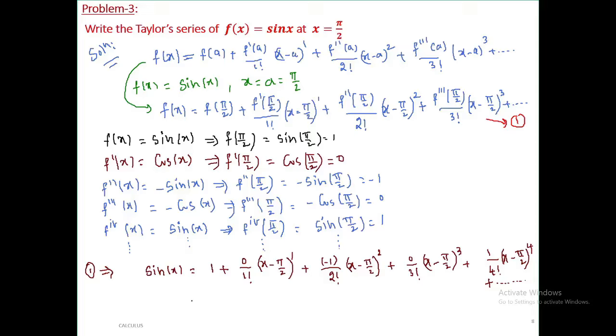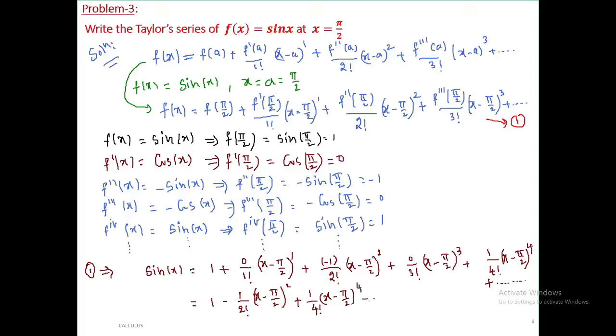So therefore I can write this as 1 minus 1 by 2 factorial into x minus pi by 2 whole power 2, plus 1 by 4 factorial into x minus pi by 2 whole power 4.